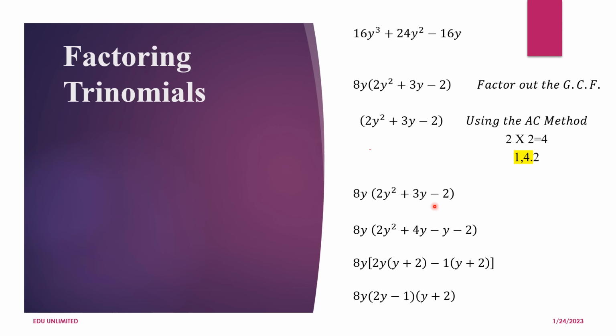But this part can be factorized, so we factorize it completely to get an answer of 8y bracket 2y minus 1 bracket y plus 2. So this expression of 16y cubed plus 24y squared minus 16y has 3 factors. This was quite a challenging one, but following the same steps, the same procedures, then we will arrive at the answer.